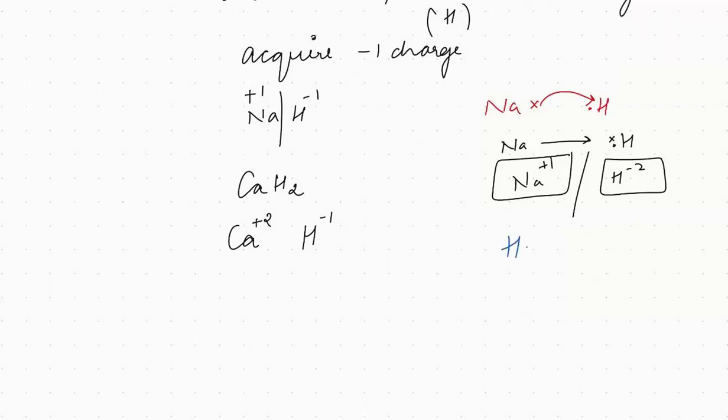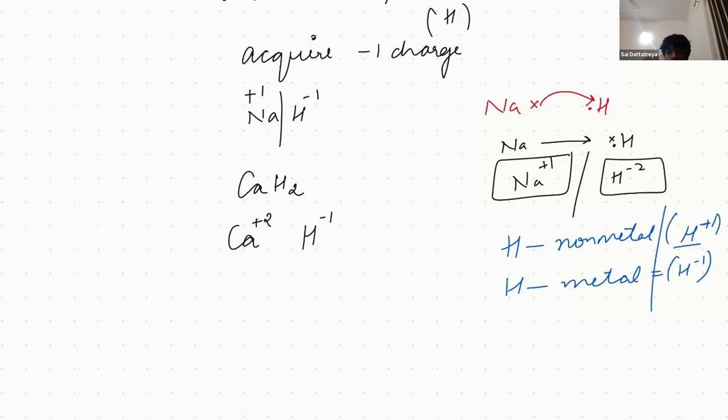H whenever connected to a non-metal in the combined form will be +1. And H whenever connected to a metal shall always be -1, because metals tend to be on the left side of the periodic table, non-metals will be on the right. You can assume that.